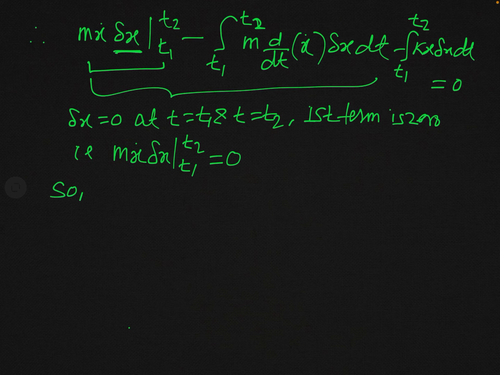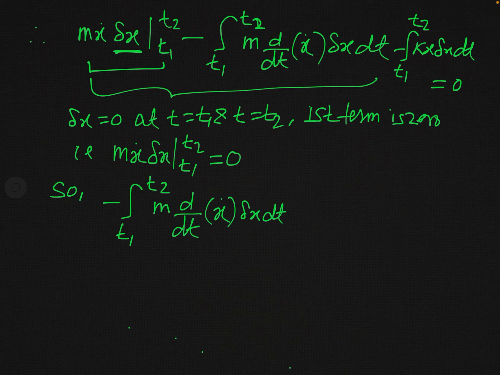You can see now this result will be equal to minus integral t1 to t2 m d/dt x dot delta x dt minus integral t1 to t2 kx delta x dt, this equal to 0.